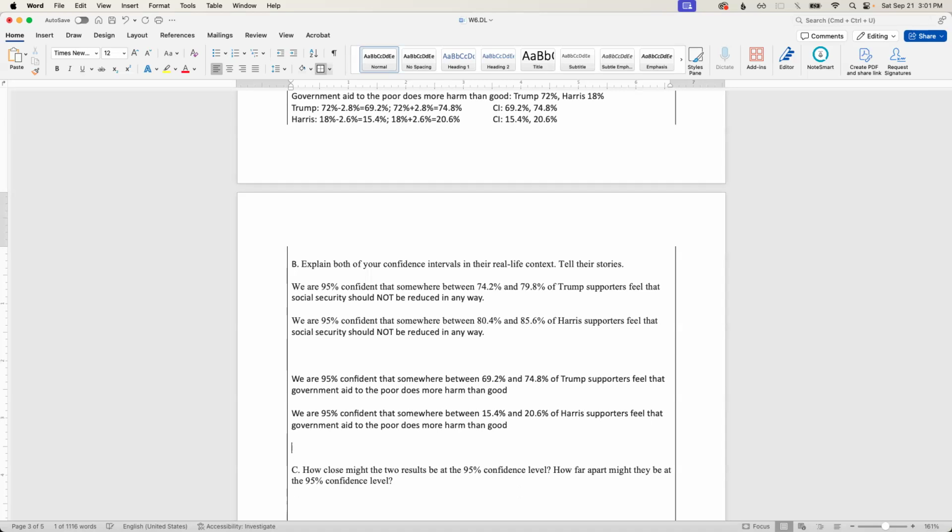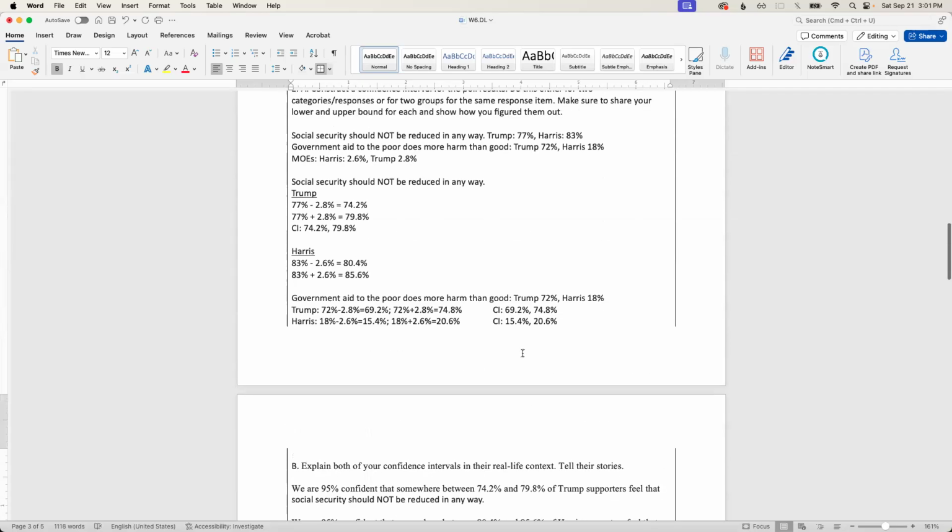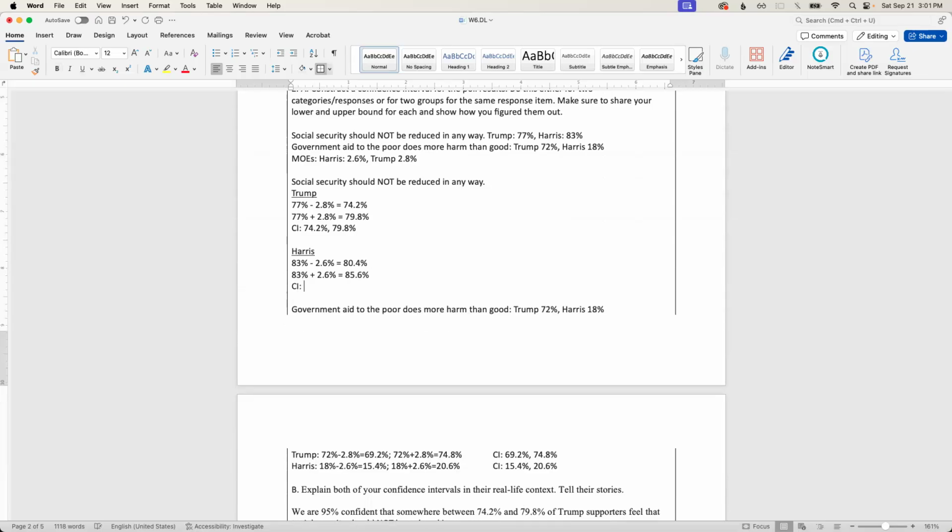Okay. How close might these be? So for Social Security, if we take these confidence intervals, I'm just going to do that today.